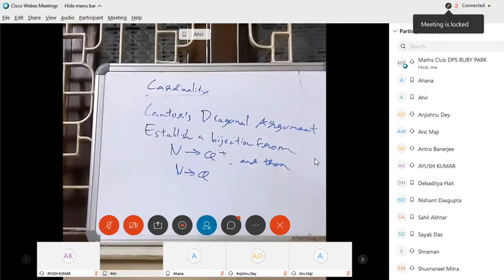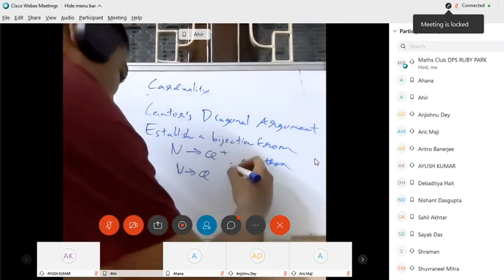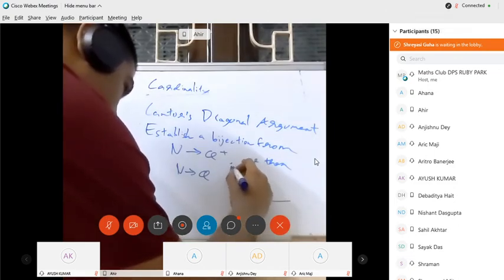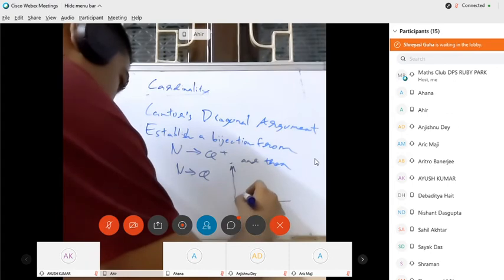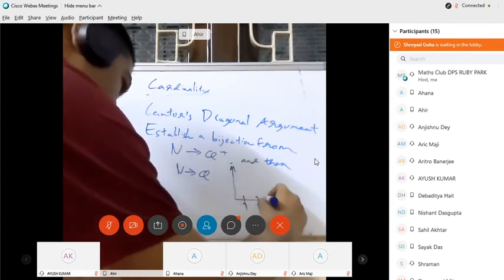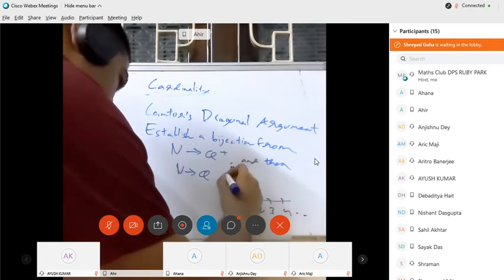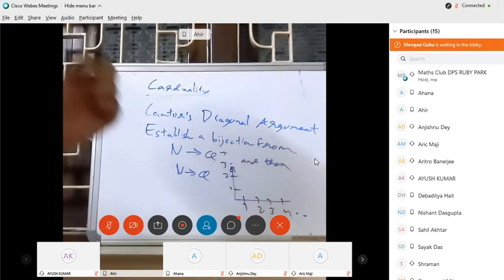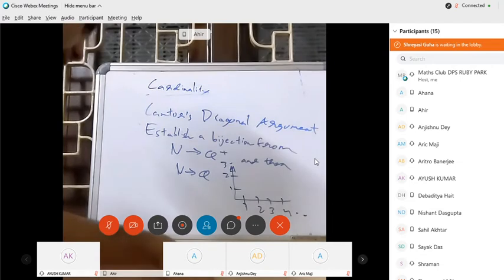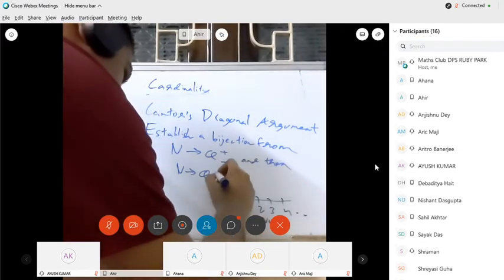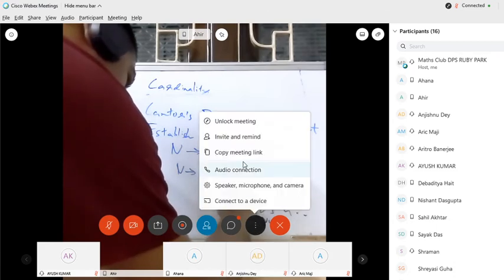The only hint I'll give you is, suppose you have an axis like this and you plot the natural numbers 1, 2, 3, 4, and so on, and you plot 1, 2, 3, and so on. Now let this axis be the numerator and let this axis be the denominator.